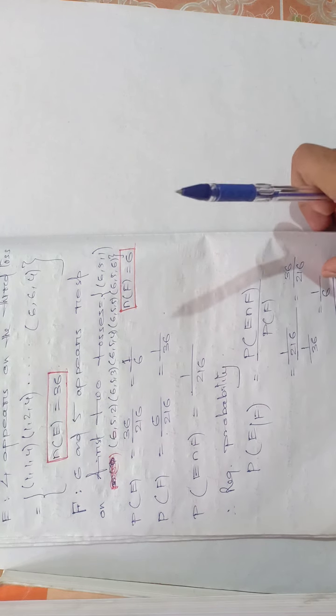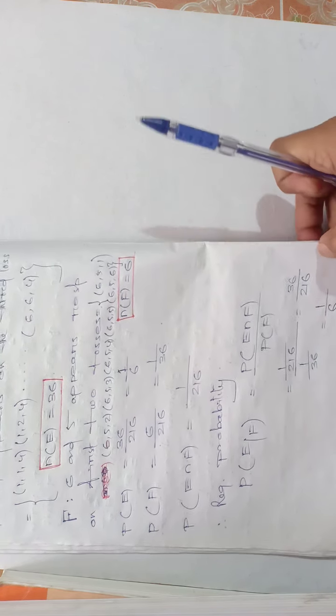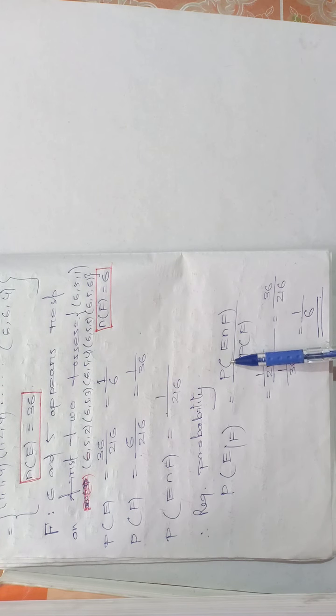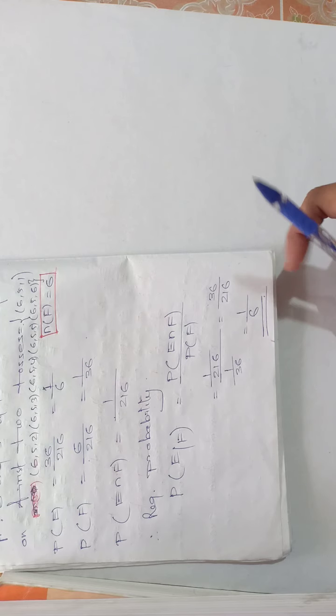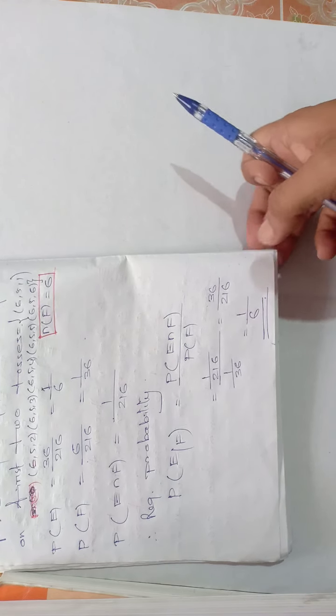Now the conditional probability P of E over F, the formula is P of E intersection F divided by PF. So 1 by 216 divided by 1 by 36. After calculation we got 1 by 6.